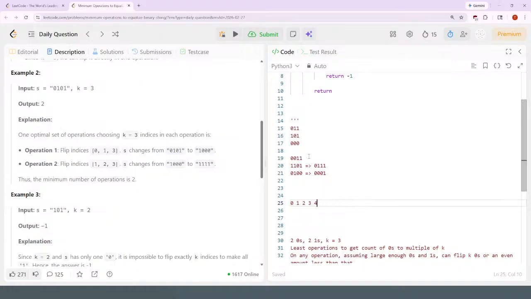This second example is actually probably good enough to try to figure out what the correct algorithm, or the simple algorithm that would solve it, would be.